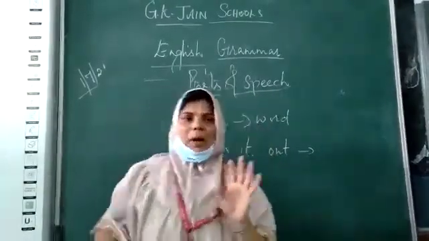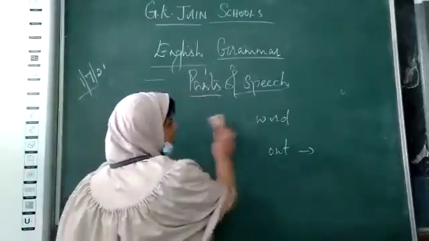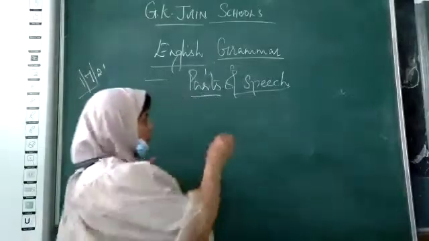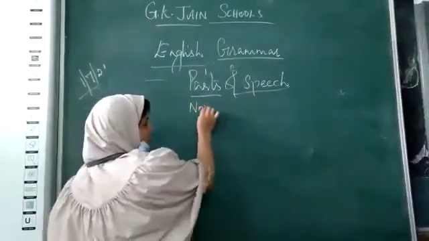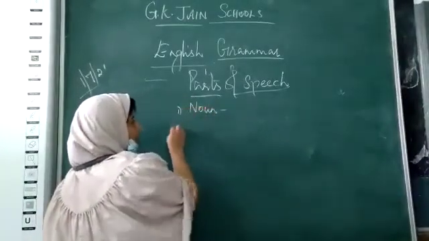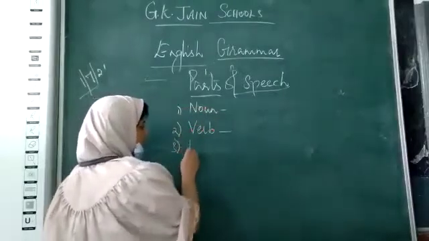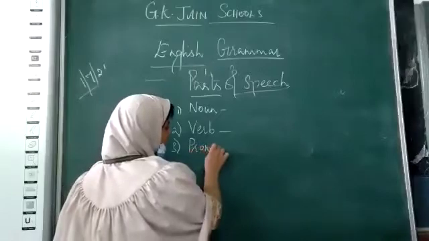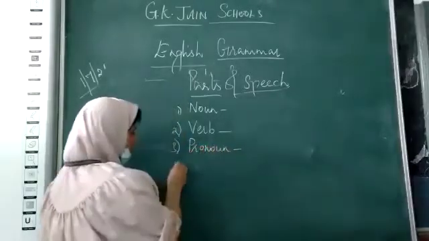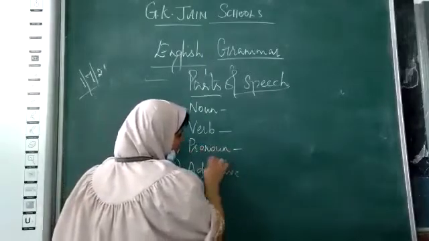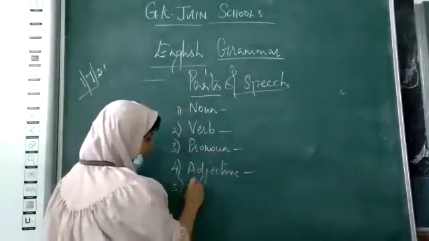Now moving on to parts of speech. In English grammar, we have got 8 parts of speech. Number 1 is noun. Number 2 is verb. Number 3 is pronoun. Number 4 is adjective. Number 5 is adverb.